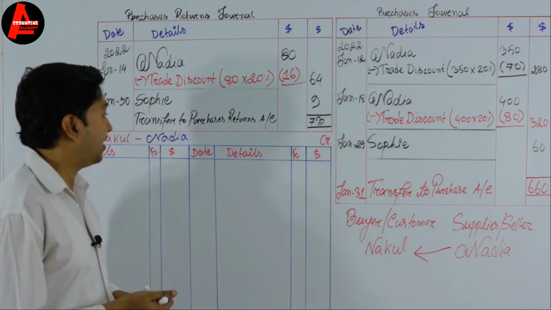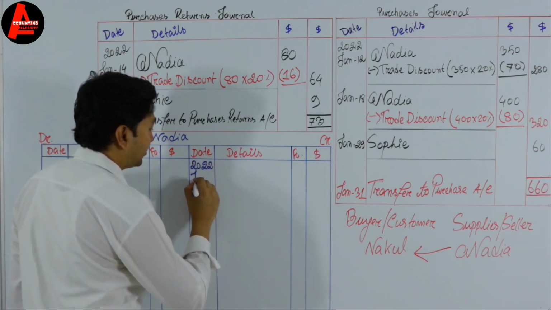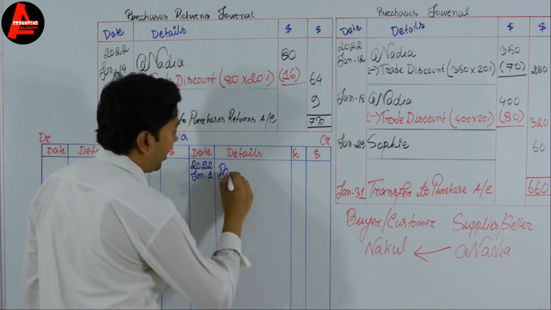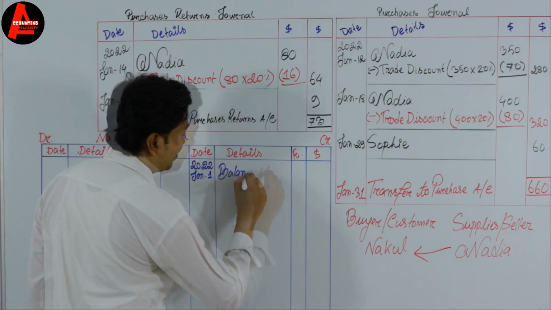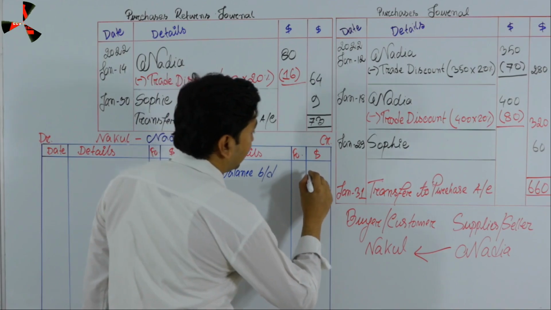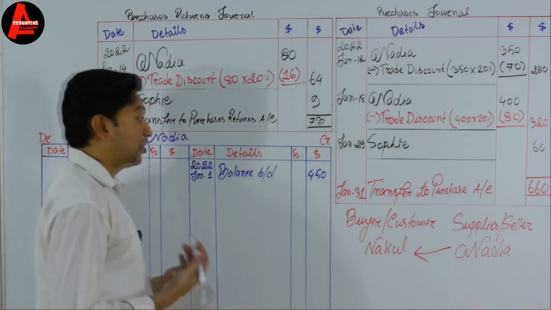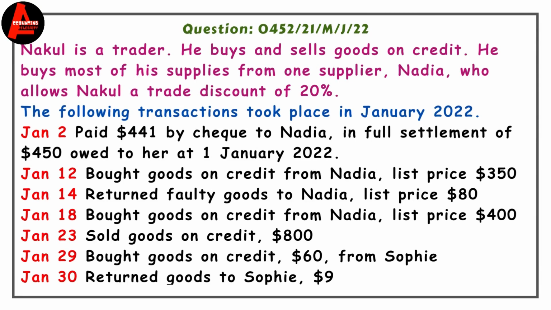Let us write here 2022 January 1st, balance BD. BD stands for brought down. It is $450. It is also written: paid $441 by check to Nadia in full settlement of $450 owed to her.